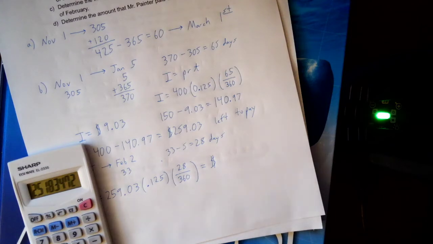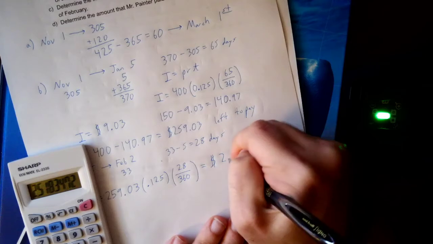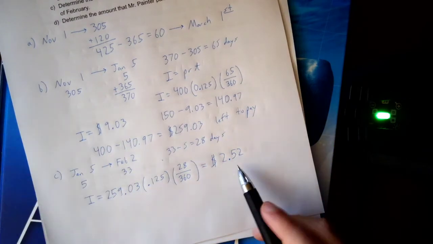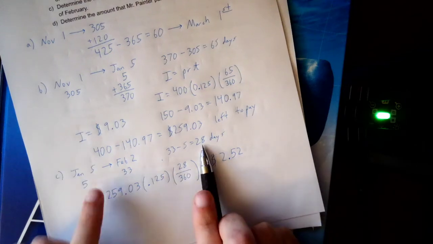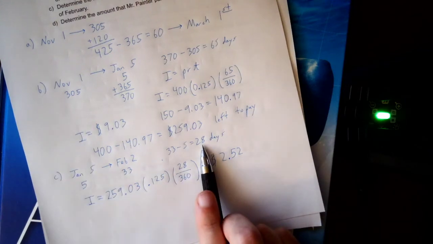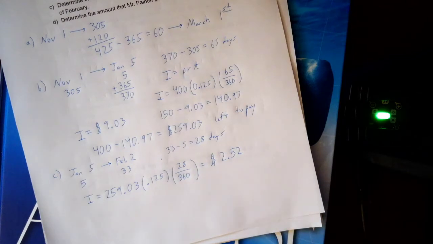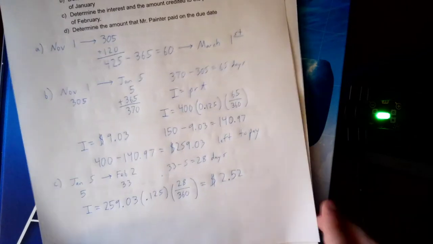So I get 2.52. Remember, money's always two decimal places. 2.52. So I've only accumulated $2.52 in interest. It's not many days, though, right? 28 days isn't that long of a time period. 2.52 isn't that much interest. Now, that's how much interest.